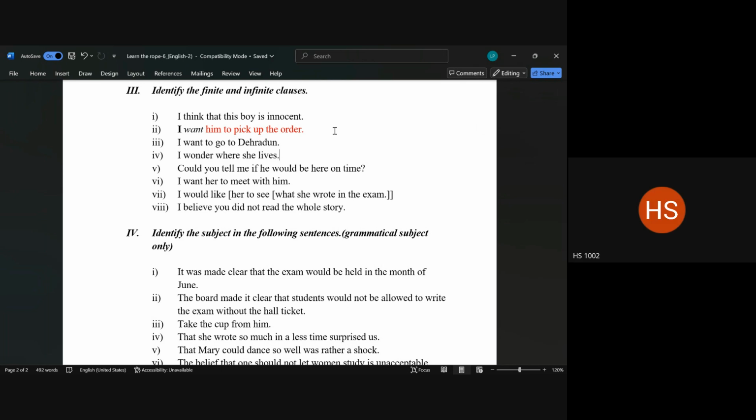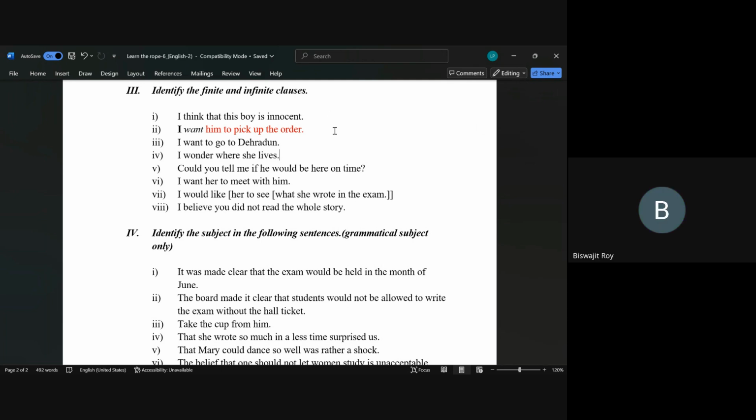So if you're going to parse it, could you tell me what? If he would be here on time is basically your subordinate clause. Now you need to analyze if the sentence carries a finite verb or a non-finite.